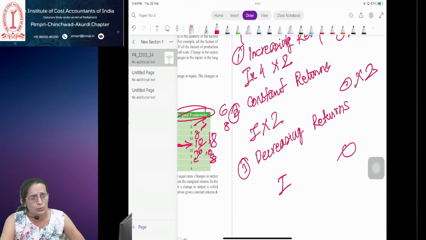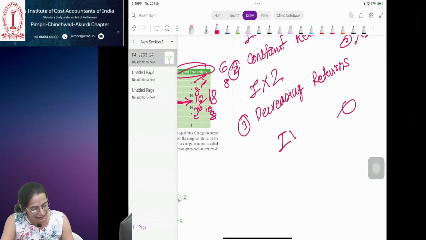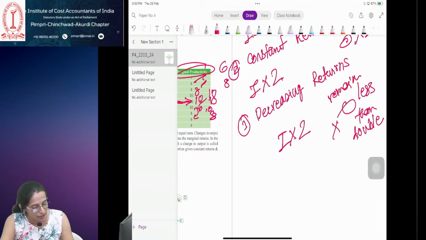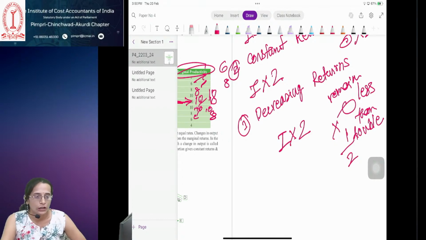The increase in both is same, that is constant. And what happens in decreasing rate is that if we double the input, the output becomes less than double. That is, it can remain the same or increase by half, anything like that. Got it? So got what are increasing returns, constant returns and decreasing returns?